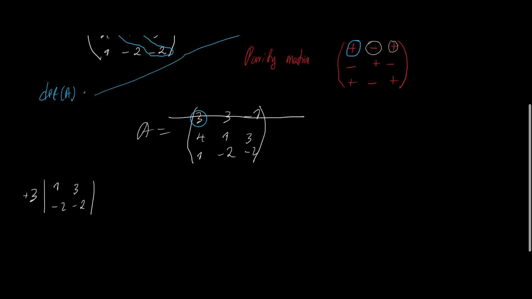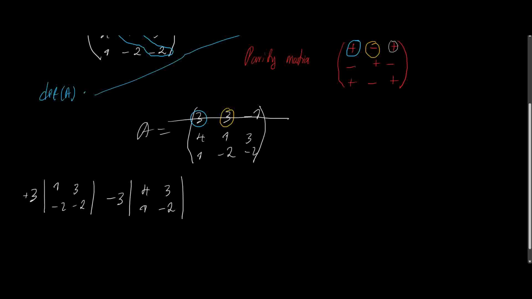Now once we are done, we go to the next element. In this case, our next element is 3, right? And the parity here is minus. And if the parity is minus, then we are going to consider the number 3 and also the parity. And then the submatrix will simply be 4, 3, 1, minus 2.